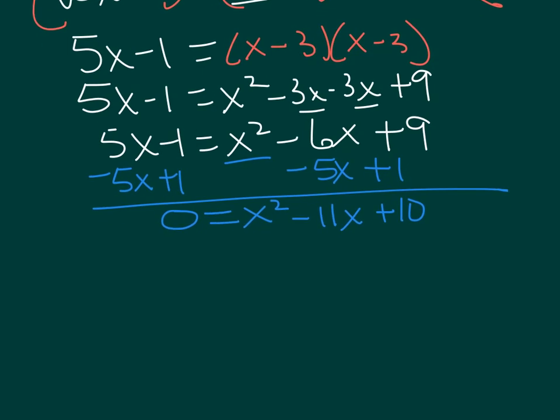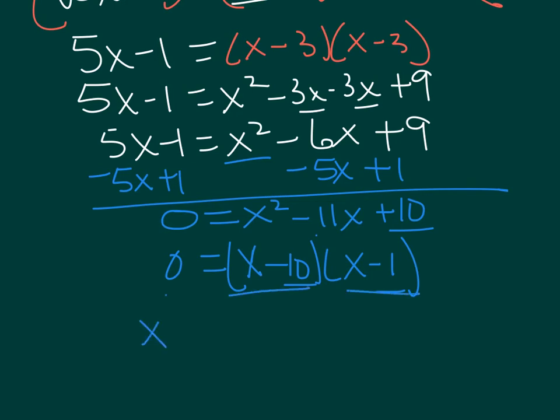Looking at this, I can see that it's factorable. X minus 10, x minus 1. Minus 10 and minus 1 will multiply to the plus 10, but add up to that negative 11. So we've got two factors that equal 0. Using the zero product property, I'm going to split that up. So my x is going to equal 10, and my x is going to equal 1.